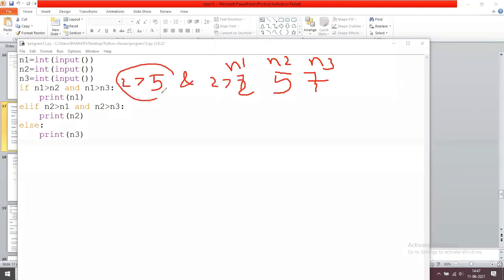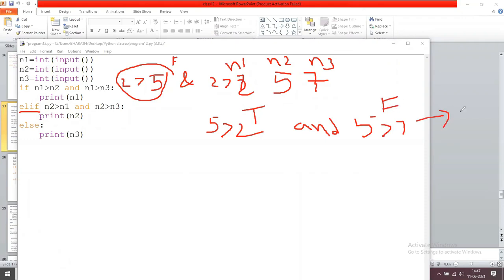Here 2 greater than 5 is false, so we move to else if. n2, 5 greater than 2 is true, and 5 greater than 7 is false. True and false, here we are using the AND operation, so false only. So we go to the else block and print n3. What is n3? 7, so 7 is the output.